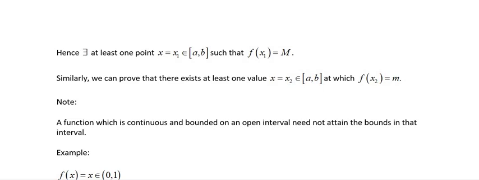Therefore, the function f attains its bounds.